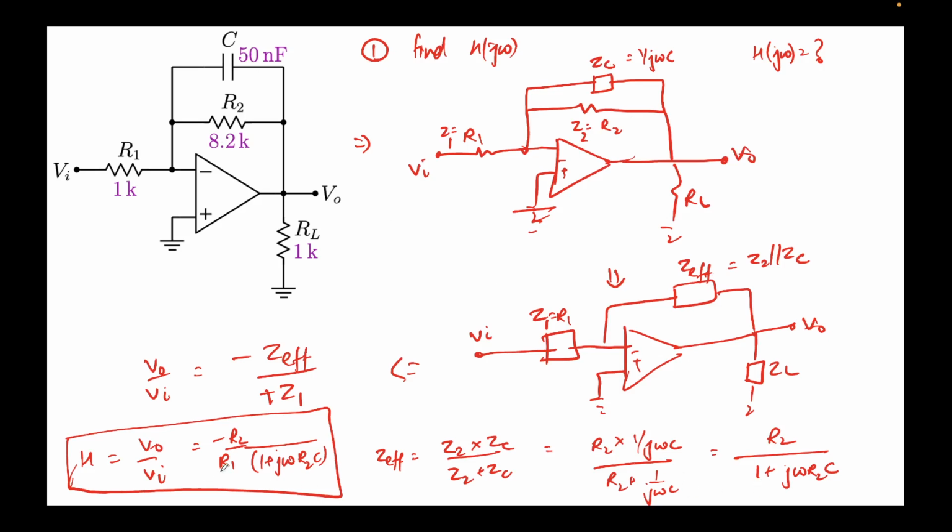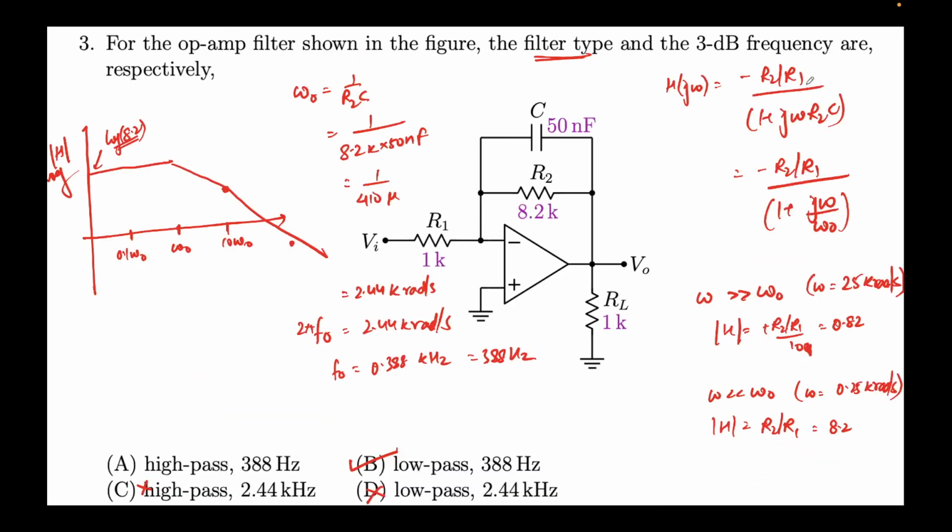We obtained that, and finally we obtained this expression where we find the value of omega naught, which came out to be 2.44 kiloradians, and in hertz it's 388 hertz. So much lower than 388 hertz frequency, the gain would be high, but as you keep on increasing the frequency, this denominator term will continue to increase and the gain will continue to fall. Hence this is the characteristic of a low pass filter, and that's why we get the option B.